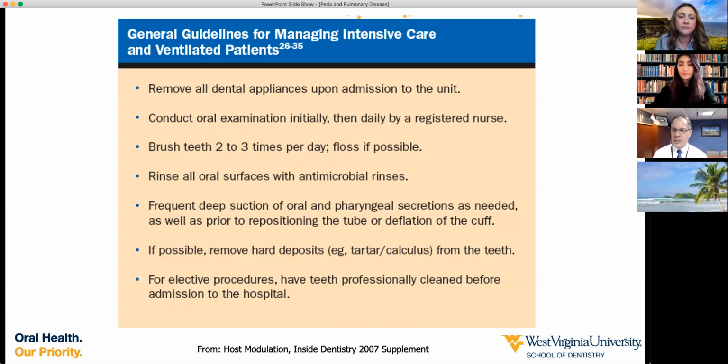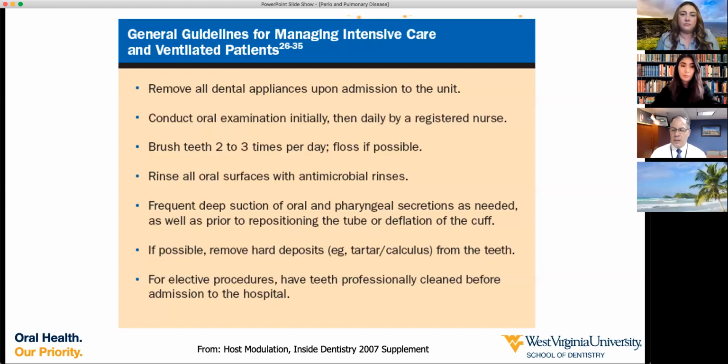I had an experience with my sister who developed Guillain-Barré back in 2007, 2008, and she was intubated for about 8 weeks while they were trying to remove all the antibodies from her system, so that her myelin can start to redevelop and she could develop some movement. And this was one of the first things I asked the nursing staff after she was admitted into the ICU: what is your oral hygiene regimen?